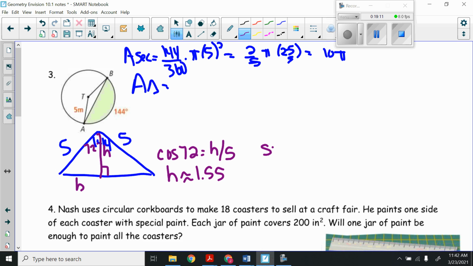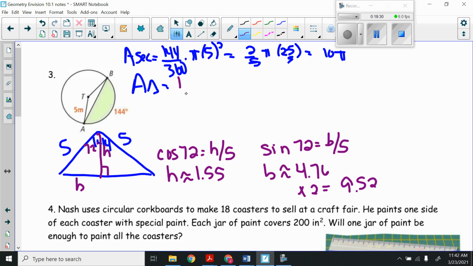So now I would have to do the sine of 72 equals my base over 5. So I would find that my base is approximately 4.76. Remember, I need to multiply that by 2 to get the entire base, so that's going to be approximately 9.52.